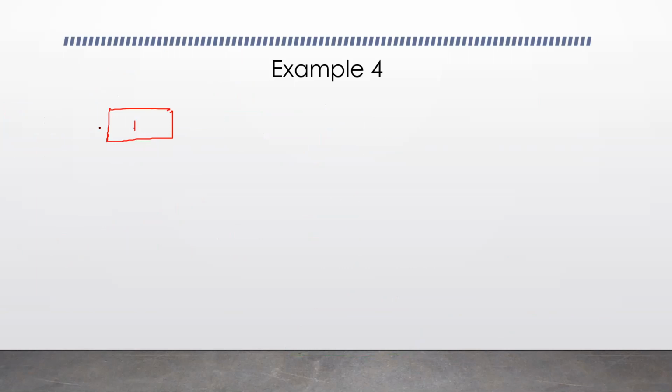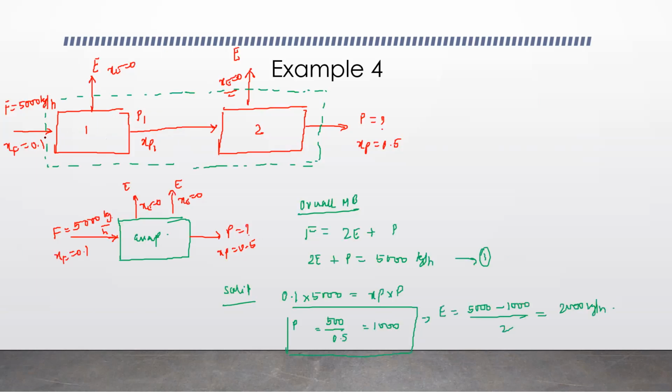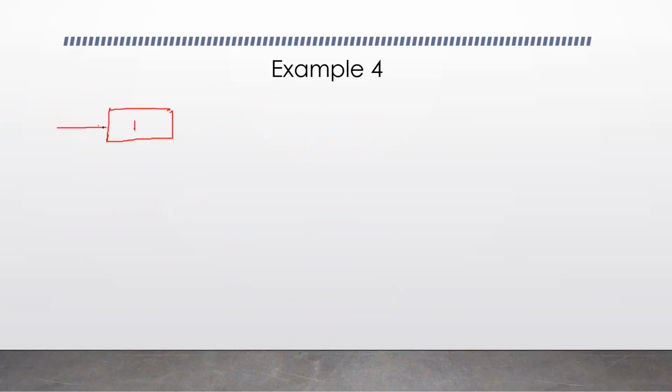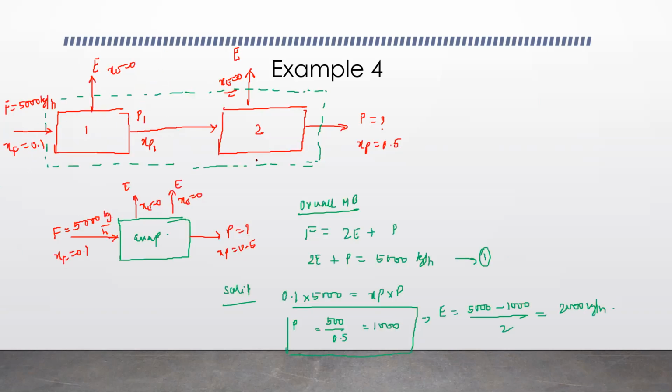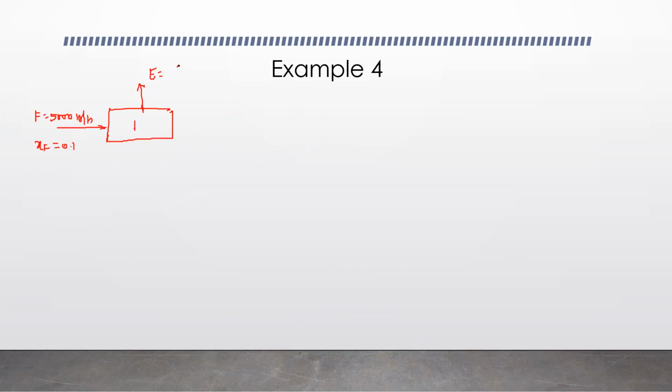So about unit 1, again I'll draw the block diagram. We have F, which is 5000 kg per hour, then XF, which is 0.1, and E, which we have just calculated to be 2000 kg per hour.